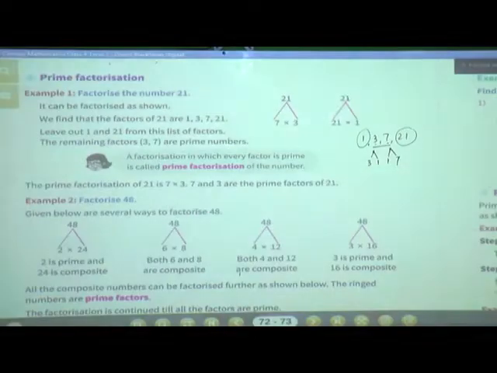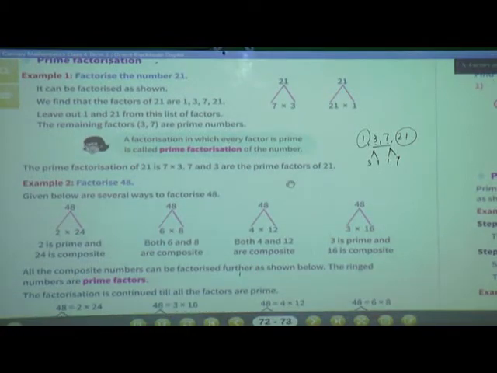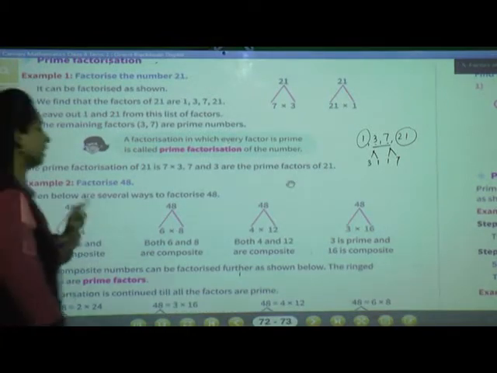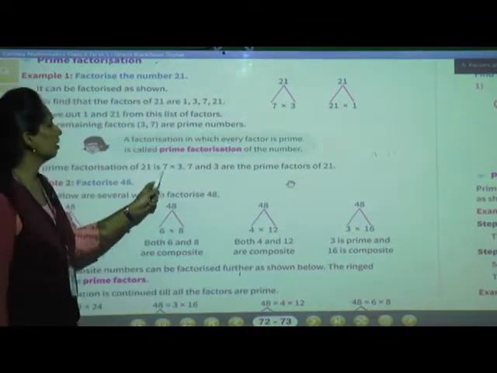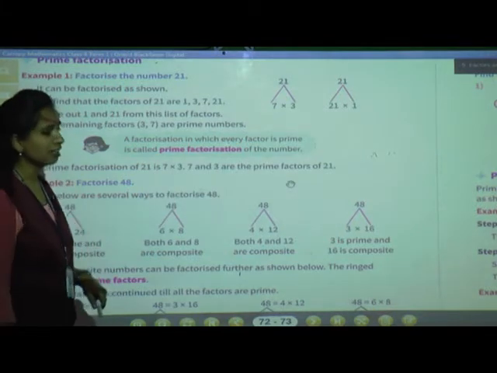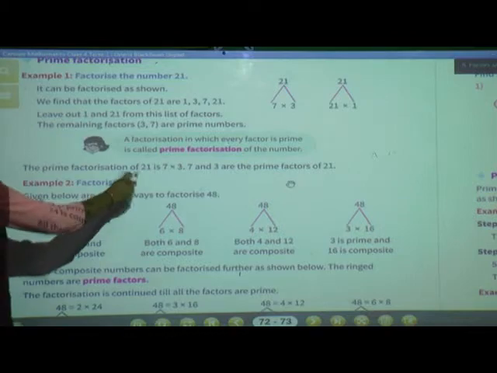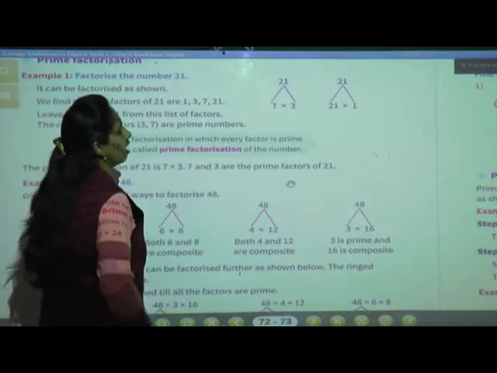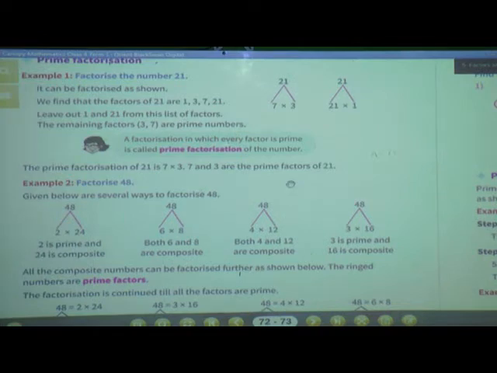Understood, students? Yes. Now in this prime factorization, 21, isn't it? Now what are the numbers we have taken? 7 and 3, or 3 and 7. 3 multiplied by 7 we get 21, and 7 and 3 are the prime factors of 21. Okay, understood? Now we will see the second example.